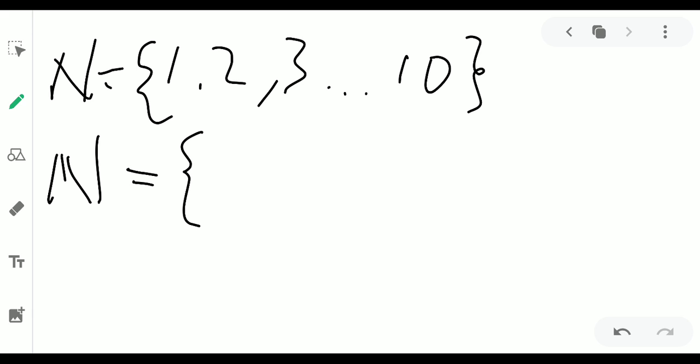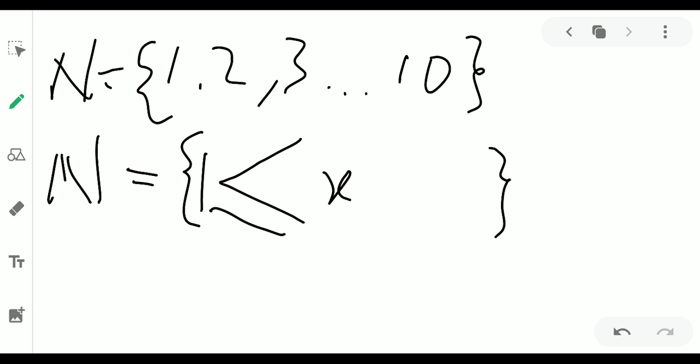So I'll do the same thing. I'll put the X in the middle. And listen carefully, what I see is that X is greater or equal to 1. X is greater or equal to 1 from the inside.